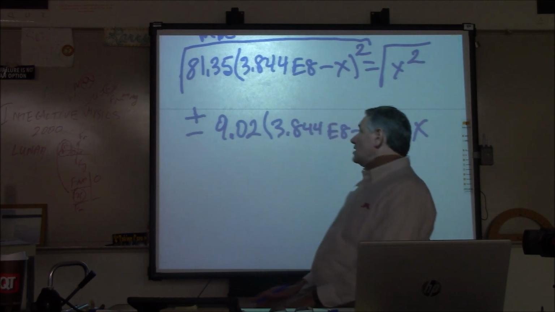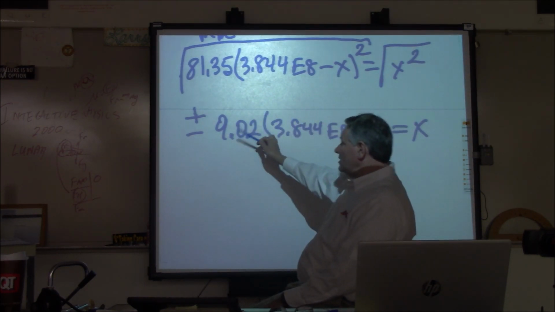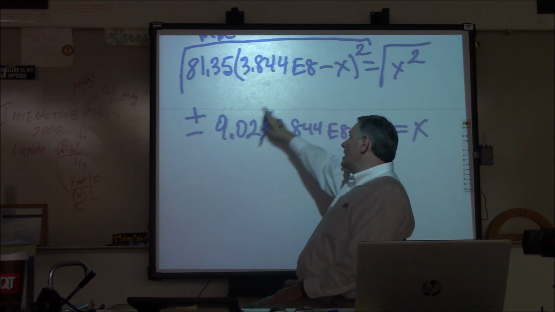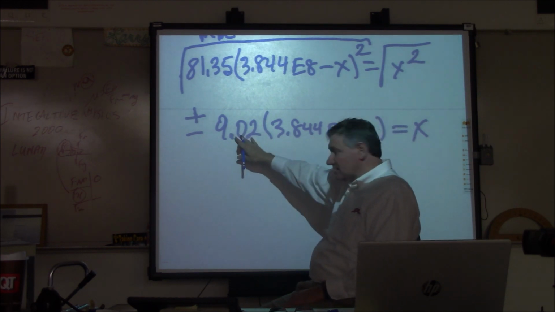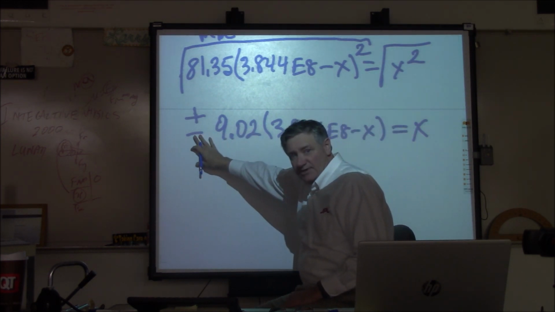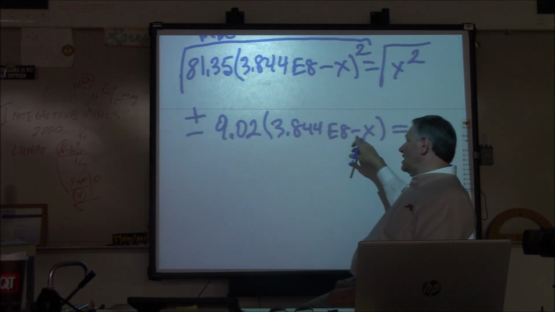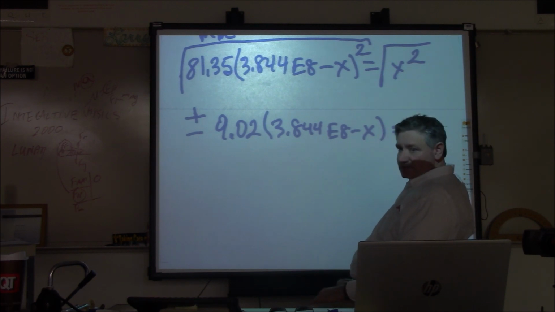Okay? So, here's what you're going to do. Situation number 1, you're going to take a positive 9.02 and you're going to distribute it over this. So you're going to take, don't even worry about the negative sign for now. You just take 9.02 times this, and you're going to end up with negative 9.02x. It's going to equal x.